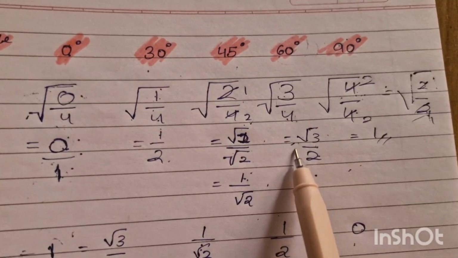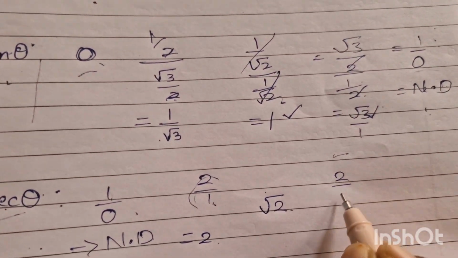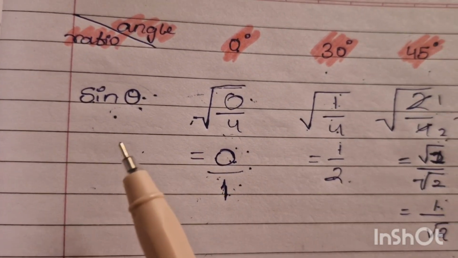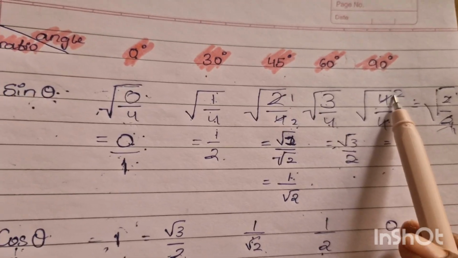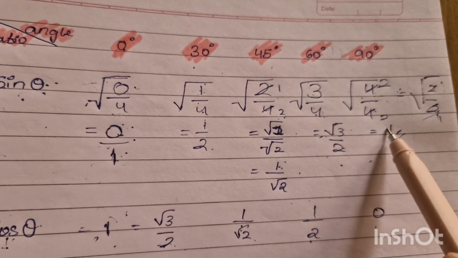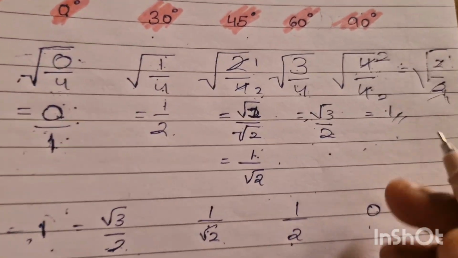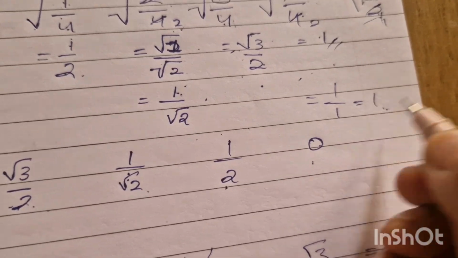The reciprocal of root 3 by 2 is 2 by root 3. And the value of sine 90 is 1, and the reciprocal of 1 is 1, because 1 by 1 is 1 only, no?